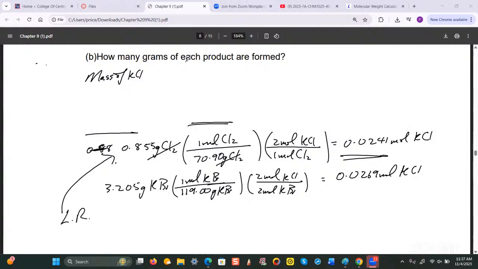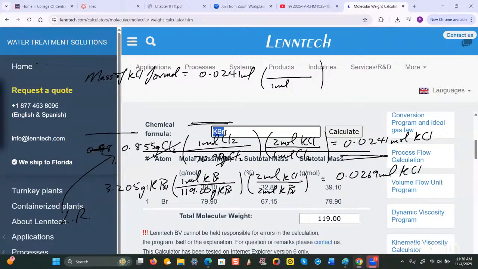Because that's what you'd expect to get. The mass of potassium chloride formed would be equal to the moles, which is 0.0241 moles, multiplied by the molar mass. So you're going to have 1 mole of KCl down here and the molar mass. So again, I'm going to go to my molar mass calculator and put the formula for KCl here.